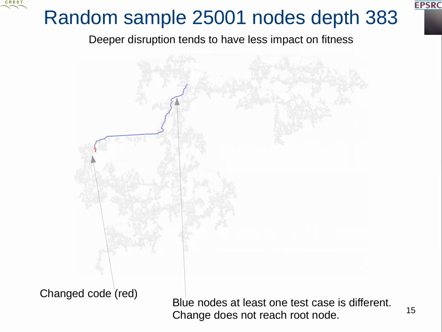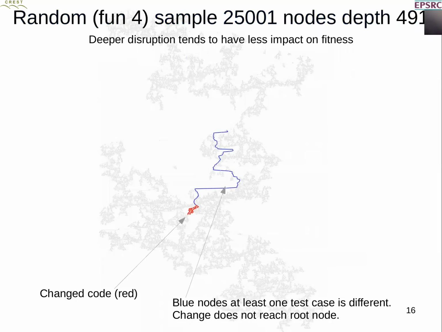I'm going to skip through this one. I wanted to show this one because we're going to look at this example in more detail in a moment. So here we have a large change in red, and then a progressive evaluation along the chain from that point up towards the root node, which is at the top of the picture.